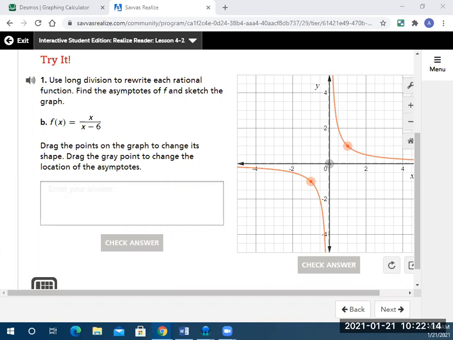So what did you say you got? 1 negative 6 over x minus 6. So it's going to be 1 plus 6 over x minus 6. Did everyone get 1 plus 6 over x minus 6 for the new function? All right, let's do it together.